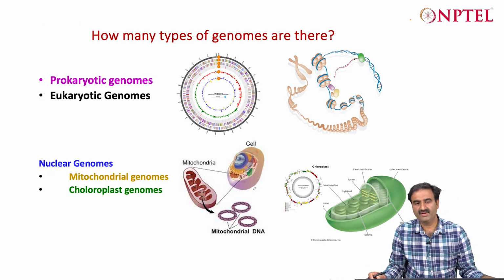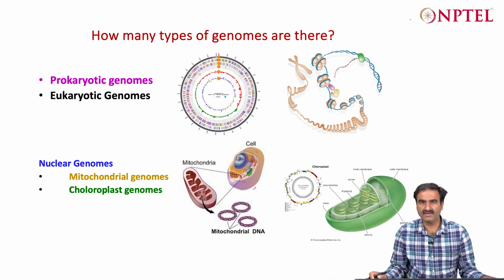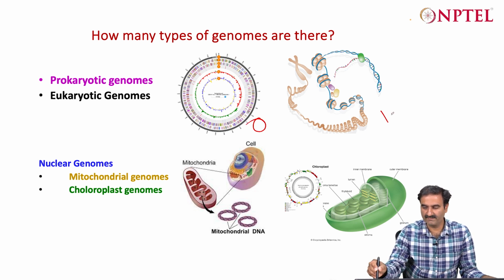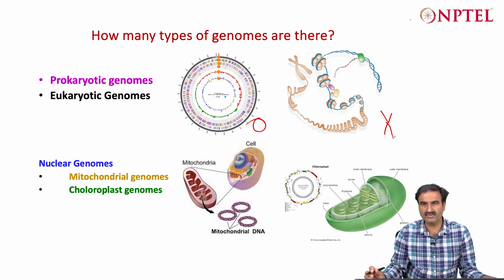So in the past class we also saw what types of genomes are there. Basically there are eukaryotes and prokaryotes that contain DNA. In prokaryotes it is circular DNA, whereas in eukaryotes it is chromosomes, which are present in chromatin.